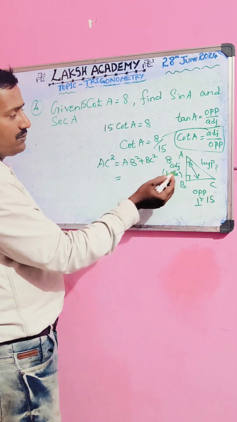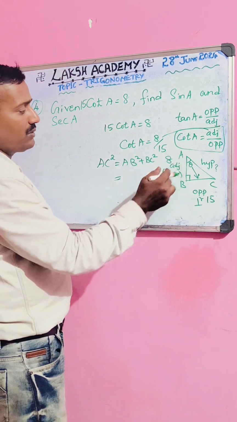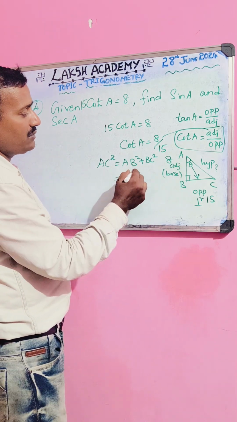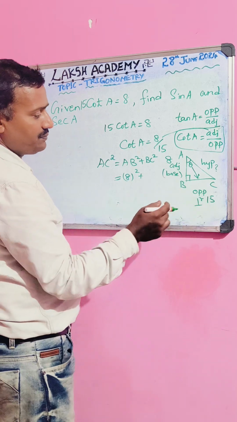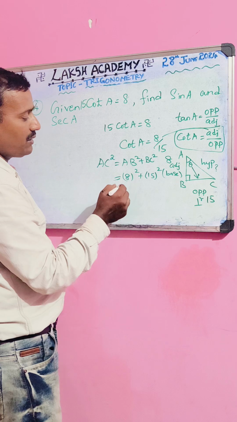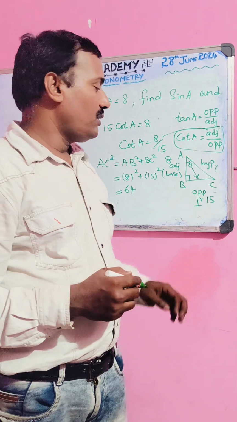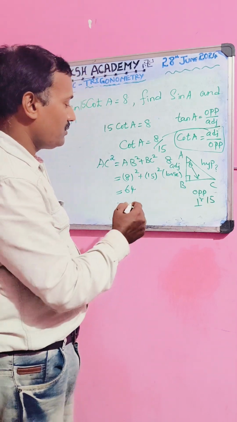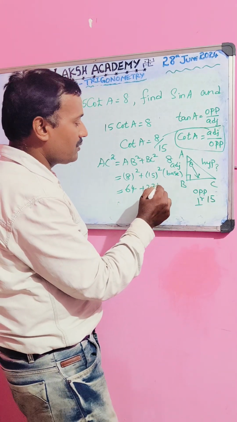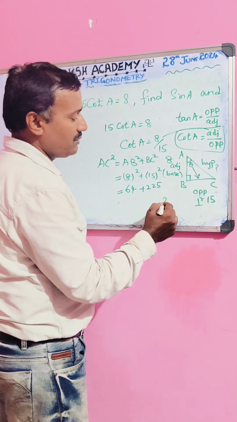Now we don't know the AC value, but we know the AB value, that is 8 square, and the BC value is 15 square. 8 square value is 64, 8 into 8 is 64, and 15 square value is 225.